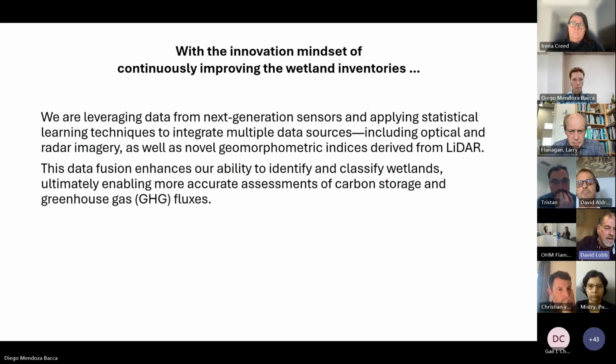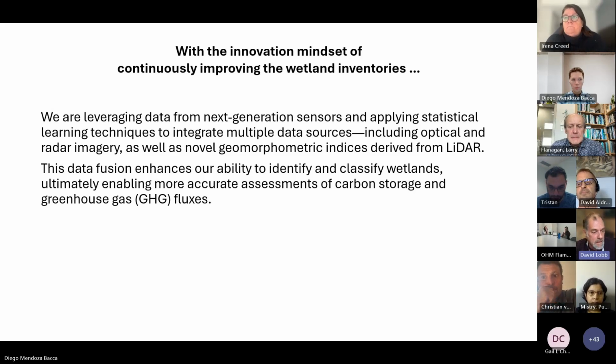With the innovation mindset of continuously improving the wetland inventories, we are leveraging data from next generation sensors and applying statistical learning techniques to integrate multiple data sources, including optical and radar imagery, as well as novel geomorphometric indices derived from LiDAR. This data fusion enhances our ability to identify and classify wetlands, ultimately enabling more accurate assessments of carbon storage and greenhouse gas fluxes.